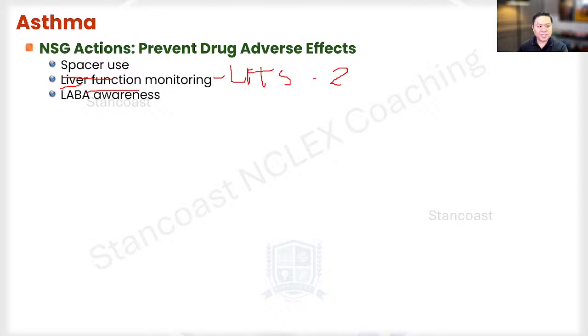Now, we're also going to teach them about the long-acting beta-adrenergic agonist awareness. So make sure that they are not using this medication to treat an acute asthma attack, because these are not going to work. Okay.